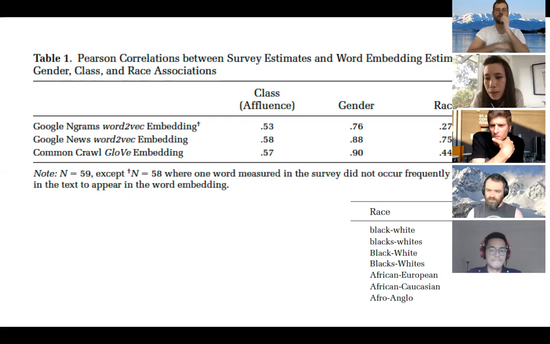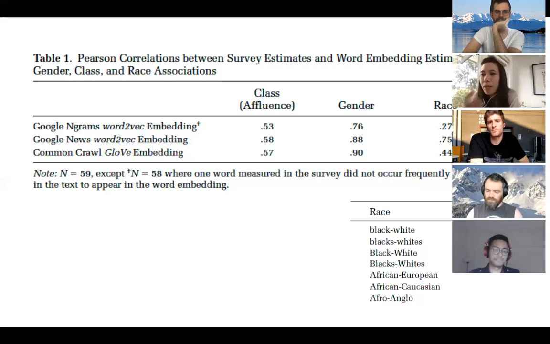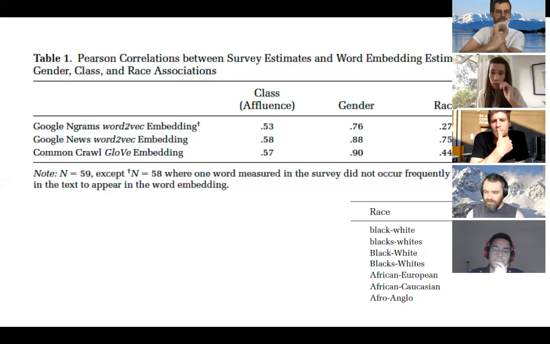The other reason they give is that because you're using the words black and white, or black minus white, there is quite a strong probability that the word embedding is tapping into color rather than race. And so you've got some issues with that. So in any case, due to this poor alignment, they actually throw out their race dimension and don't use it in their analysis.